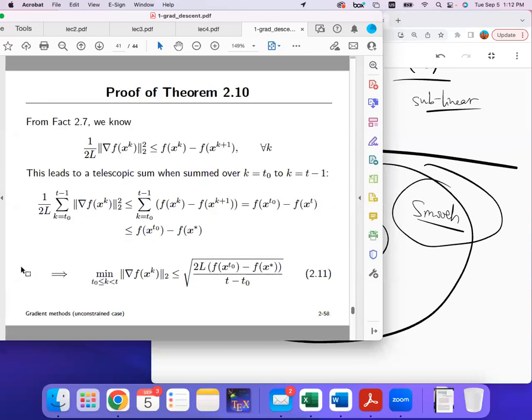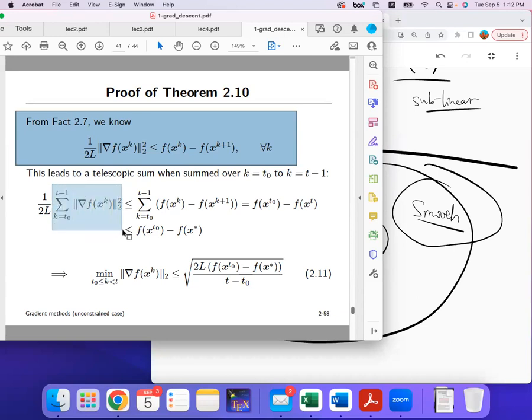And the proof is actually very simple, because now we no longer have convexity, so we only have a very limited tool. We can only utilize the first fact, that the function value is decreasing. The proof of this fact does not rely on convexity, it only relies on smoothness, so this holds for general smooth problems. The idea is that we start from this inequality that we proved earlier. We just do a telescoping sum over the iterations. Sum this inequality over k.